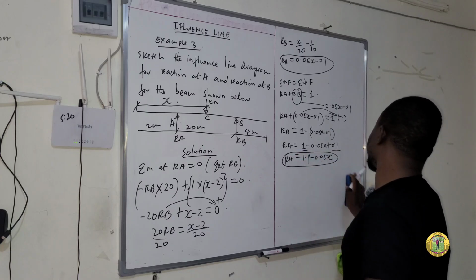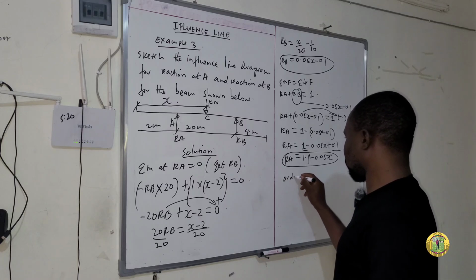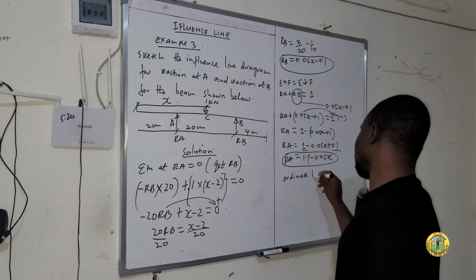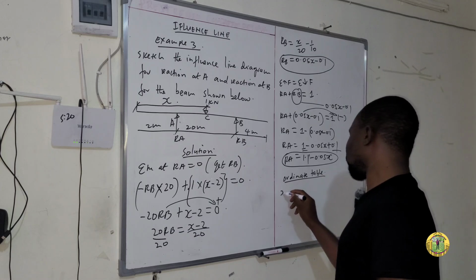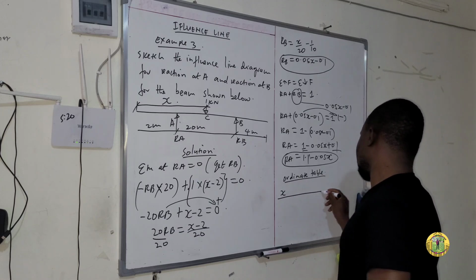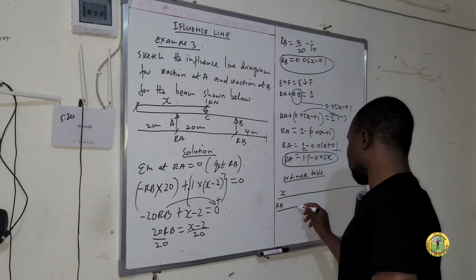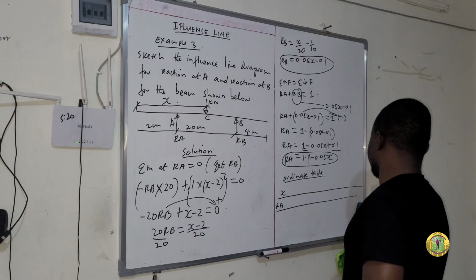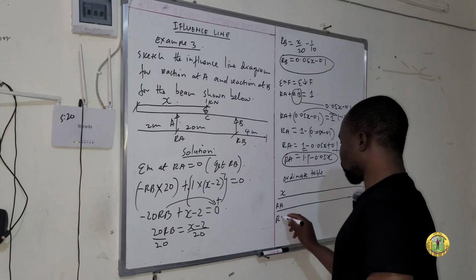Let's now draw the table. Ordinate table. So you have x, RA, and then you have RB.